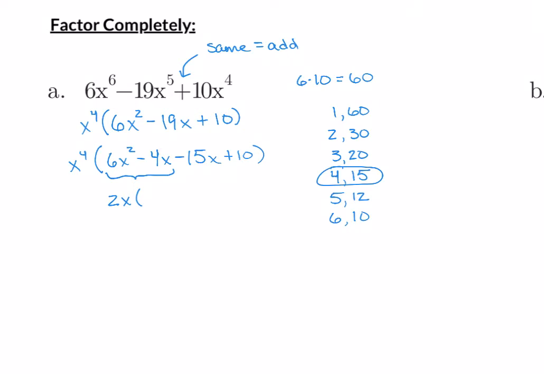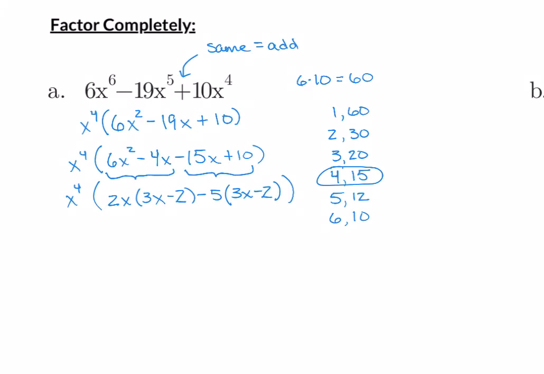If we divide each term by 2x, we are left with 3x minus 2. In the second set, I can factor out a negative 5. And if we divide each term by negative 5, we get 3x minus 2. Make sure you don't forget your x to the 4th.